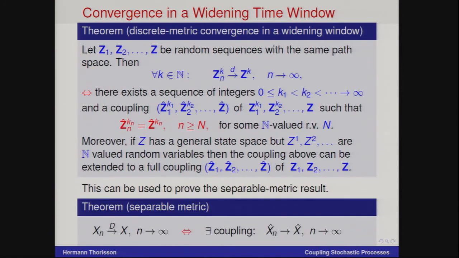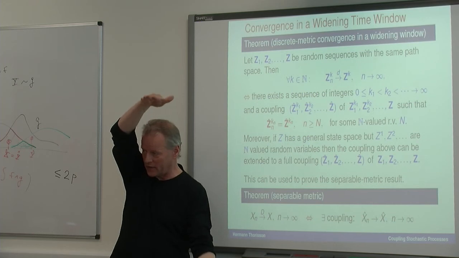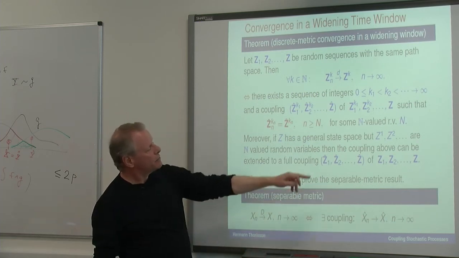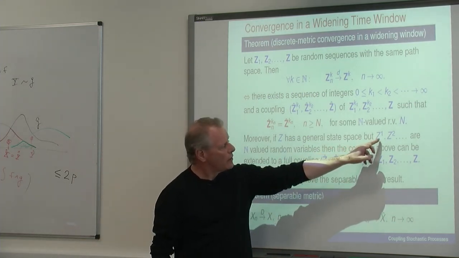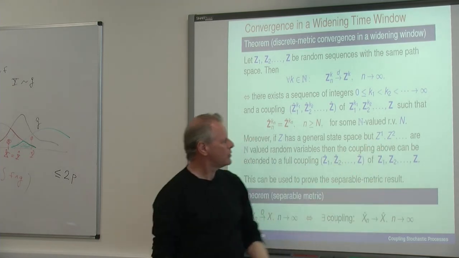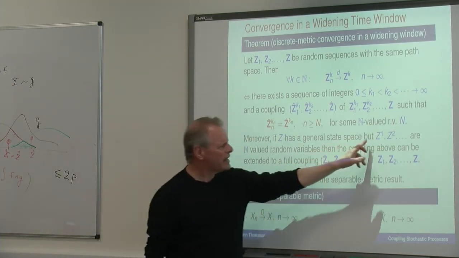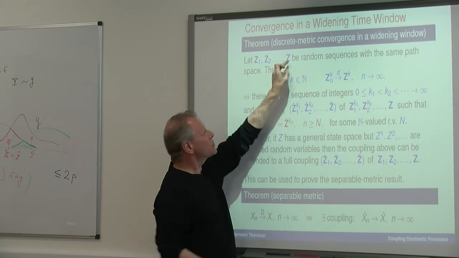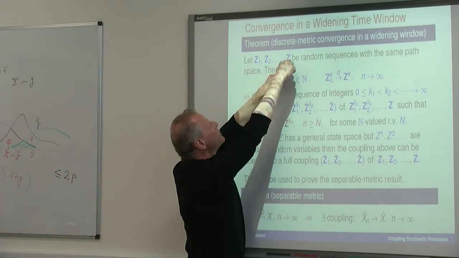Moreover, if all the end elements have a state space which is general, no restriction on the finite windows, so this guy is the end of this one.